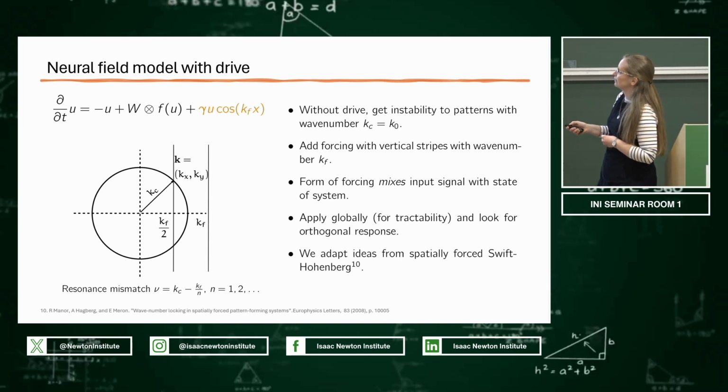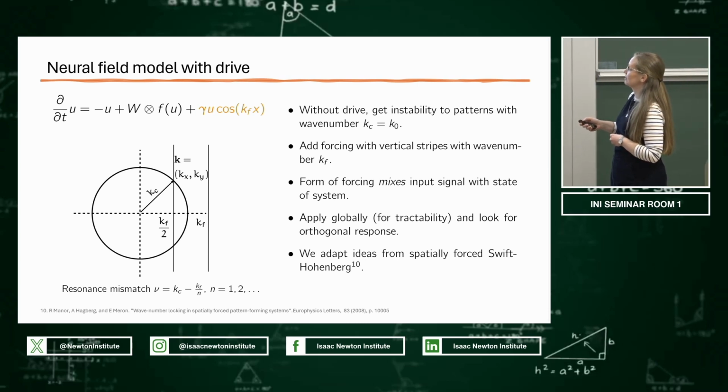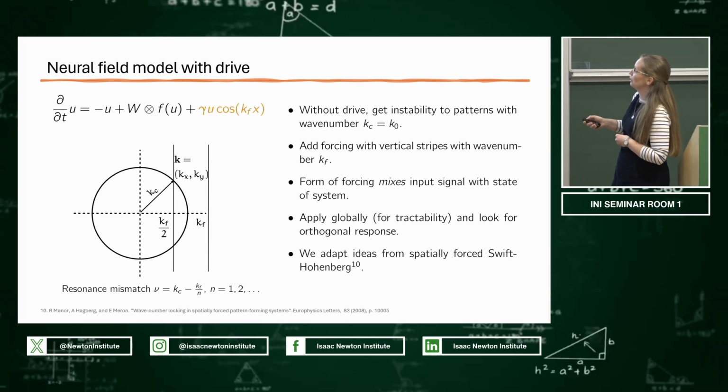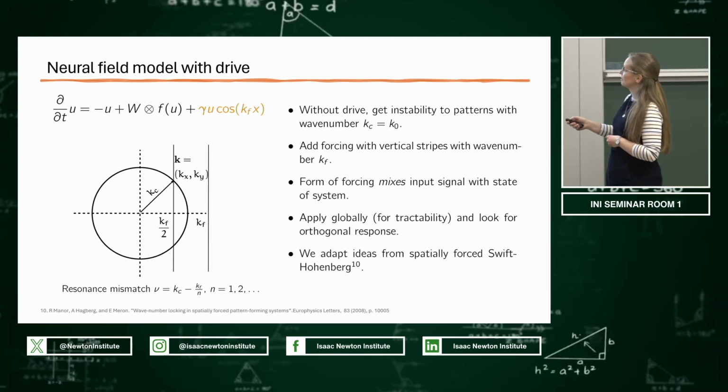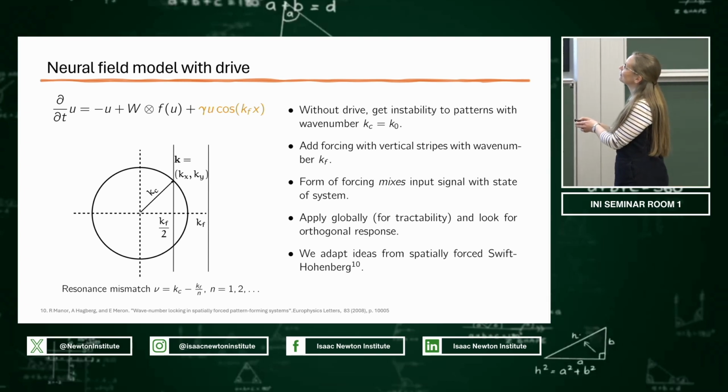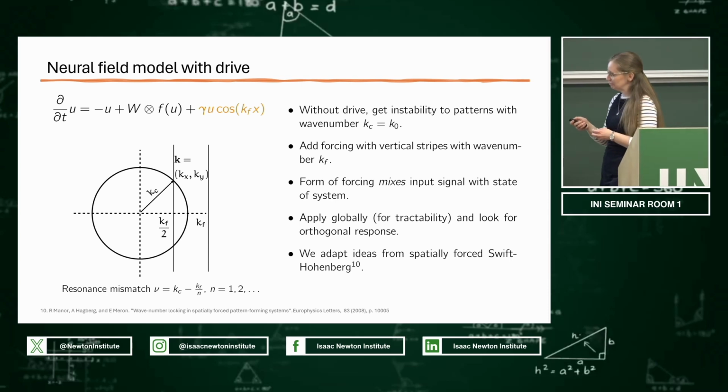We'd be interested in the mismatch between the forcing wave number kf upon 2 and the x component of our already excited wave vector. This distance in here is this resonance mismatch.